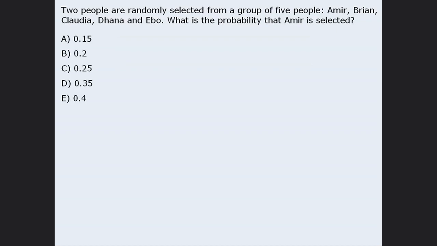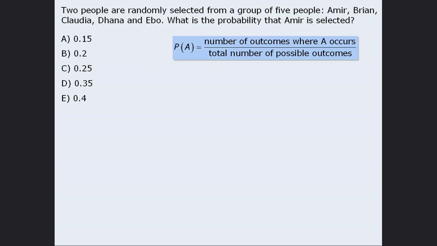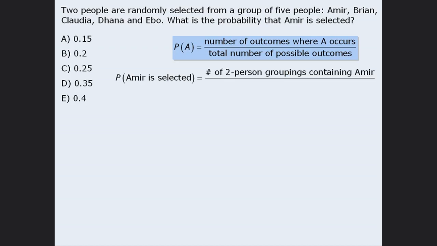To solve this, we can apply our formula. So the probability that Amir is selected is equal to the number of outcomes where Amir is one of the selected people, divided by the total number of ways to select 2 people from 5 people. So let's begin with the denominator. In how many ways can we select 2 people from 5 people?